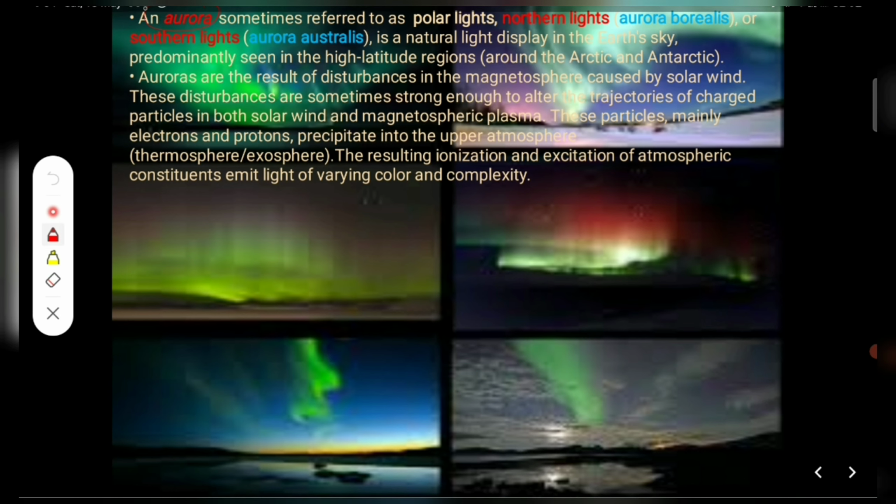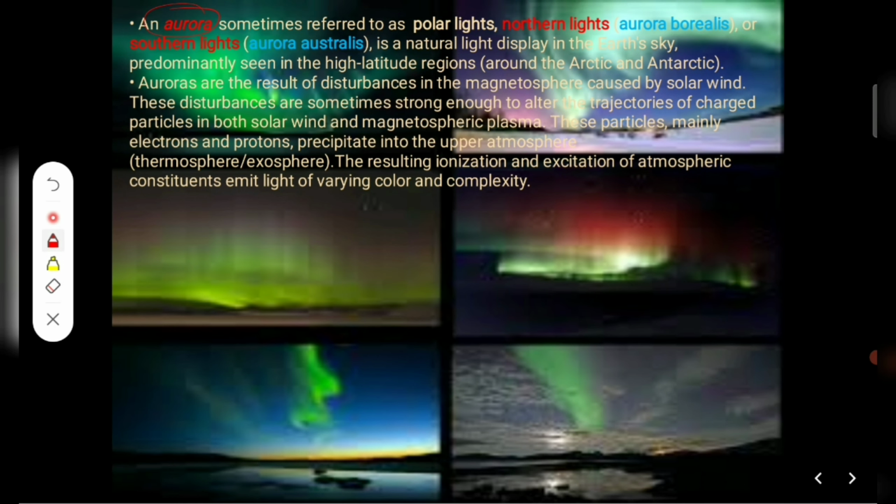The aurora, which is mentioned in the thermosphere layer, is of two types. First is aurora borealis and second is aurora australis. Aurora borealis is the northern lights, and aurora australis is the southern lights. How will you remember which one is southern lights and which is northern lights? Remember Australia. Australia is in the south. So aurora australis is the southern lights, and aurora borealis is the northern lights.